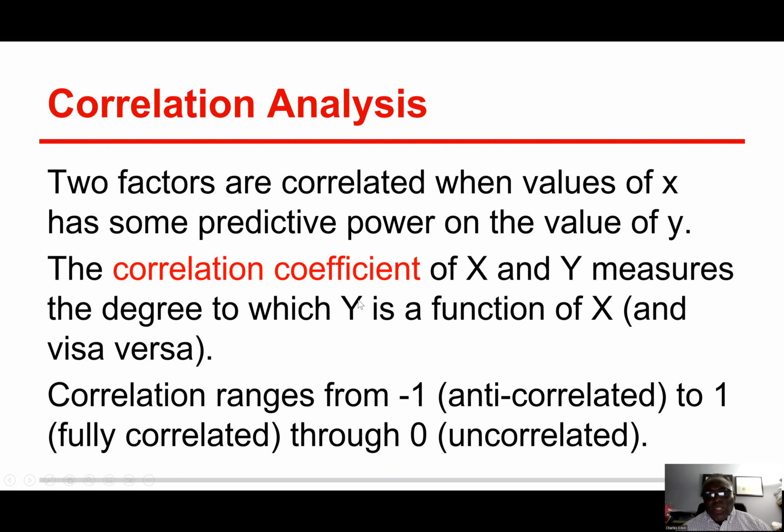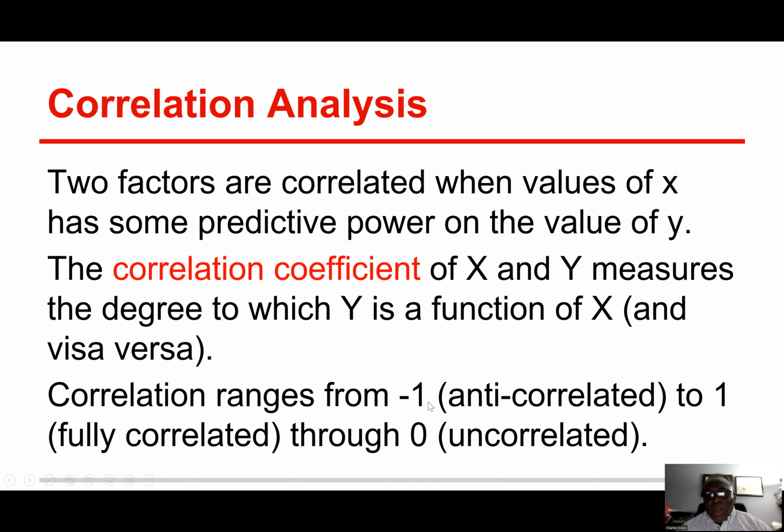So here we say the correlation coefficient of X and Y will measure the degree to which Y is a function of X. And when we use the term the measure of degree, it means, again, the strength of the relationship between X and Y. And normally the correlation value ranges from -1 to 1.